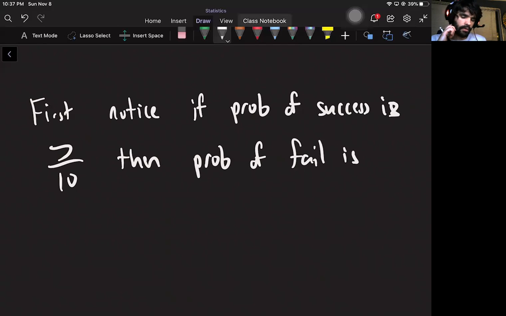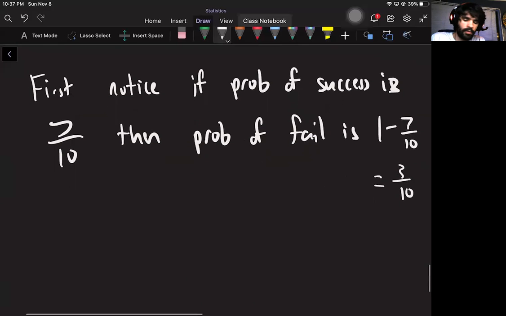Well, you either do one or the other, right? So if probability of success is 7/10, that means probability of failure must be 3/10 because it's 1 minus 7/10. AKA it's just like the rest of the probability, because it's got to add up to 1 because something has to happen. Either you succeed or you fail. Good. So that's the probability of failure.